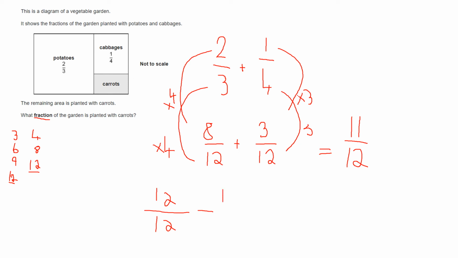We've used 11/12 so far. So we could work out 12/12 take away 11/12 equals 1/12. So there is our answer. What fraction of the garden is planted with carrots? Well, we are left with 1/12.